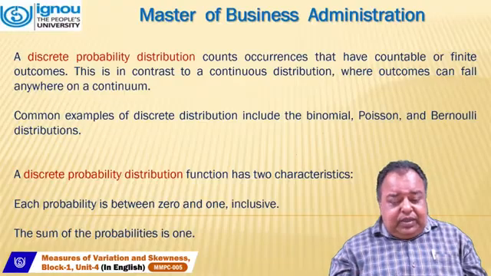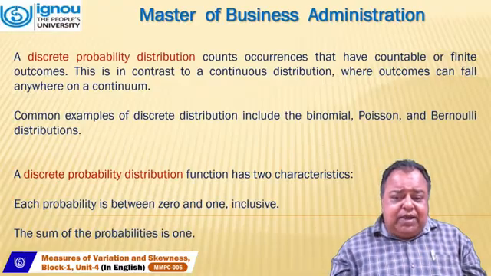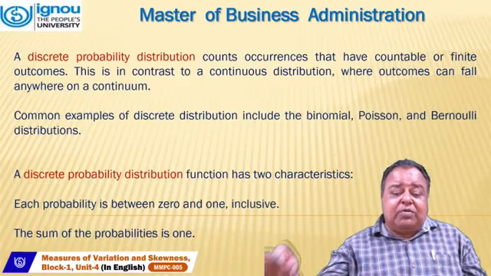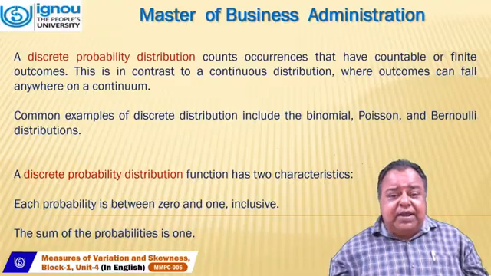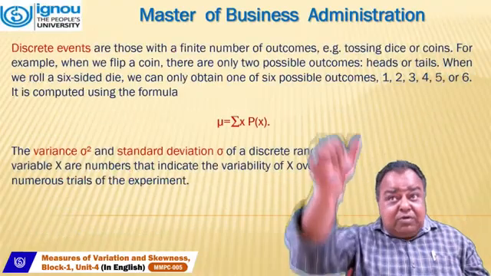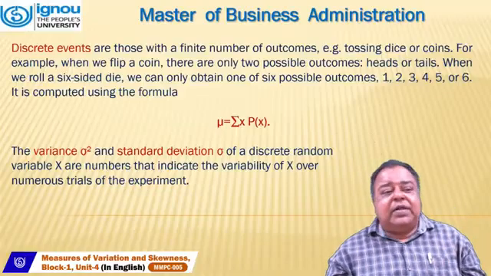The respective probability is 1 by 2 and 1 by 2. When we add 1 by 2 and 1 by 2, we get 1. That is the sum of individual probabilities. While doing mathematical calculation, remember that the sum of all the probabilities should be 1.